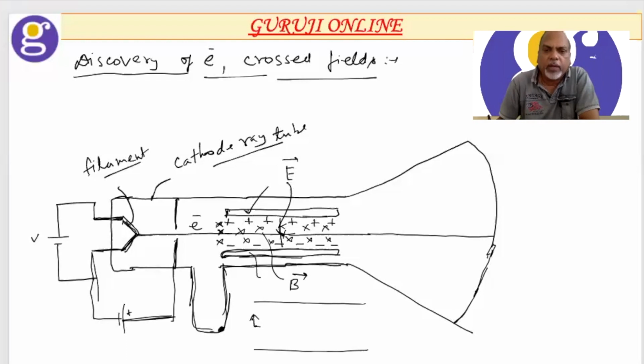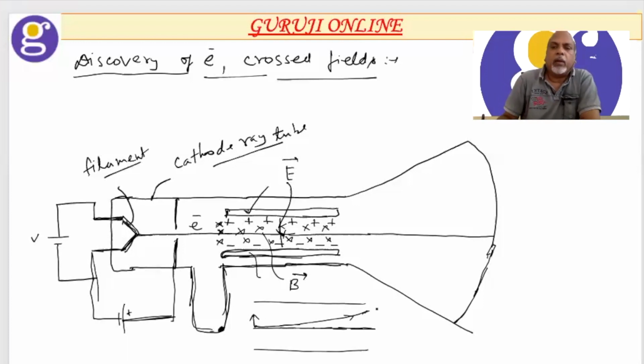So they will experience a force opposite to the electric field direction, and naturally the electron will deflect like this, instead of going straight.